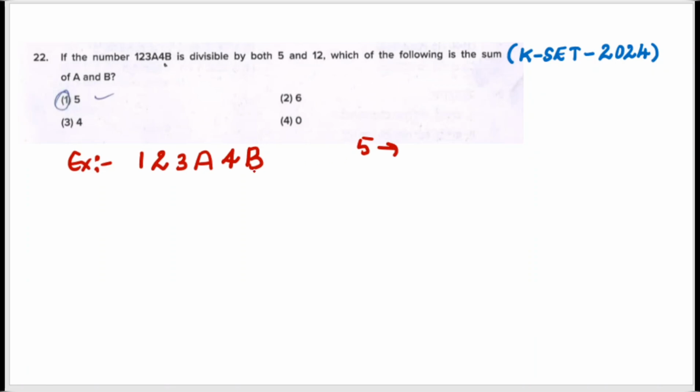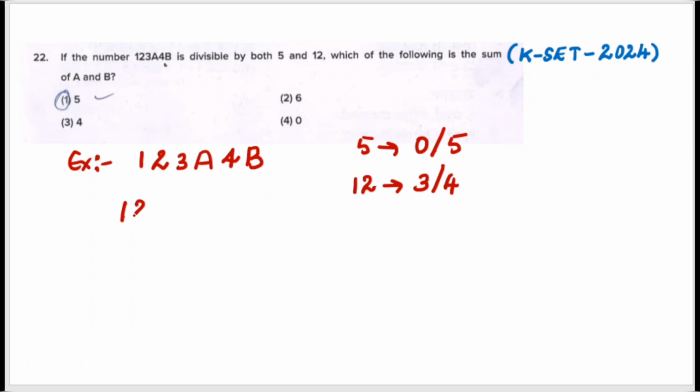The unit place must be either 0 or 5. Right. Now what is the divisibility test for 12? The divisibility test for 12 means it should be divisible by both 3 as well as 4. Just now we learned.